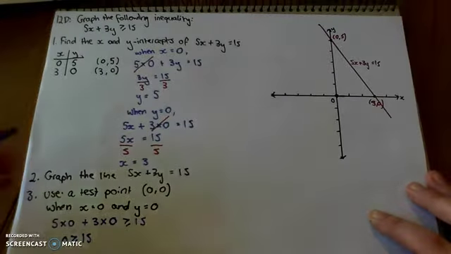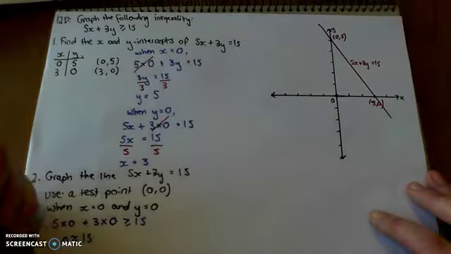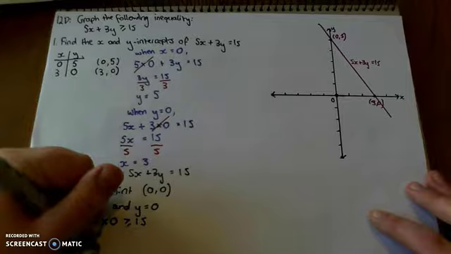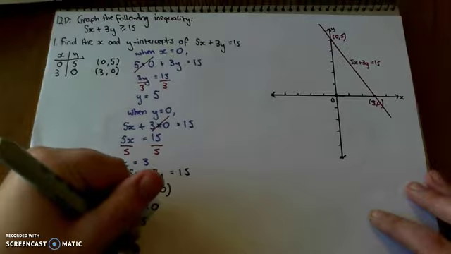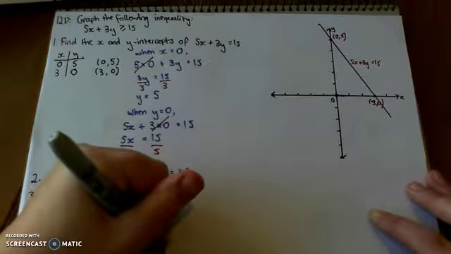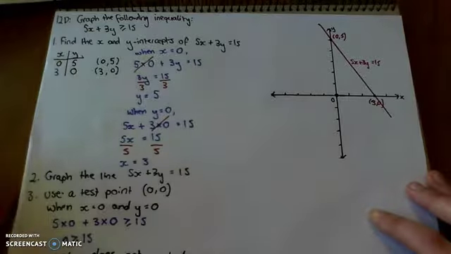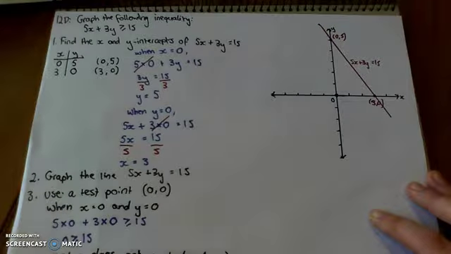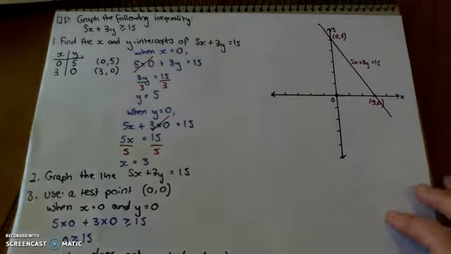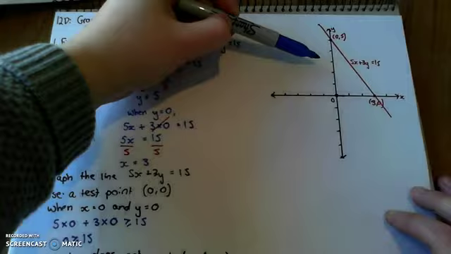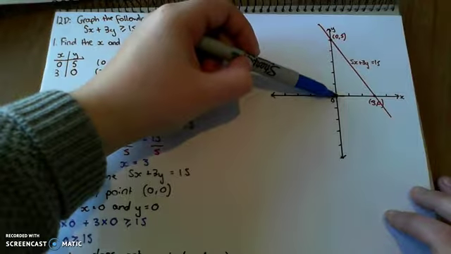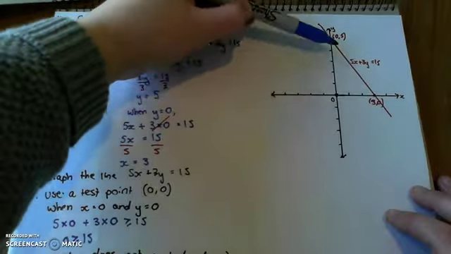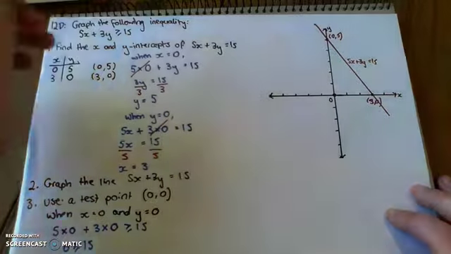So in this case, we can say that the region does not include the point 0, 0. So if we were deciding which side of this we were going to include, the coordinate 0, 0 is not included. So we know that this side is not to be shaded.